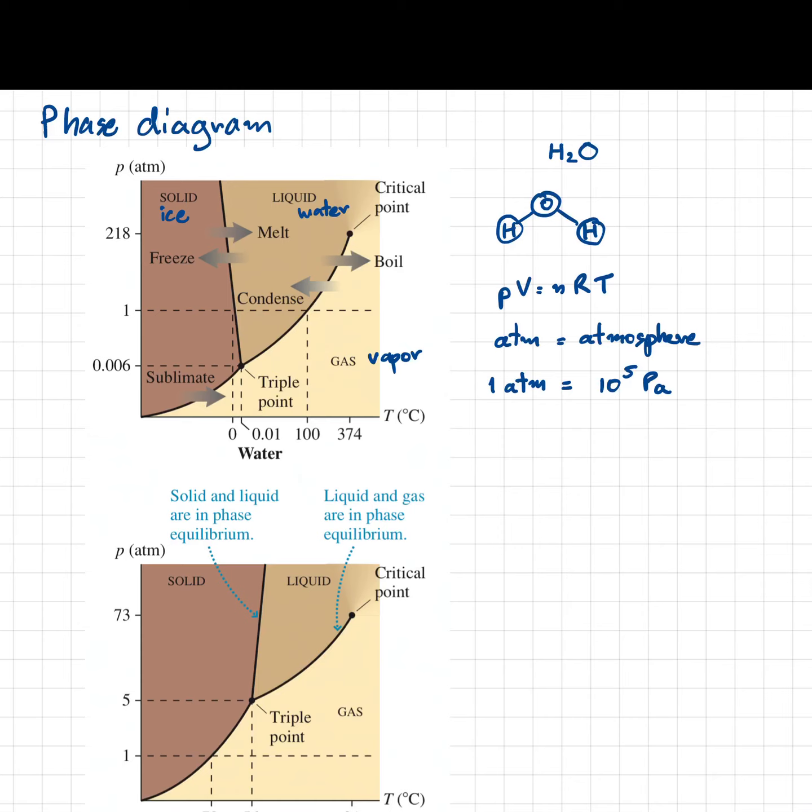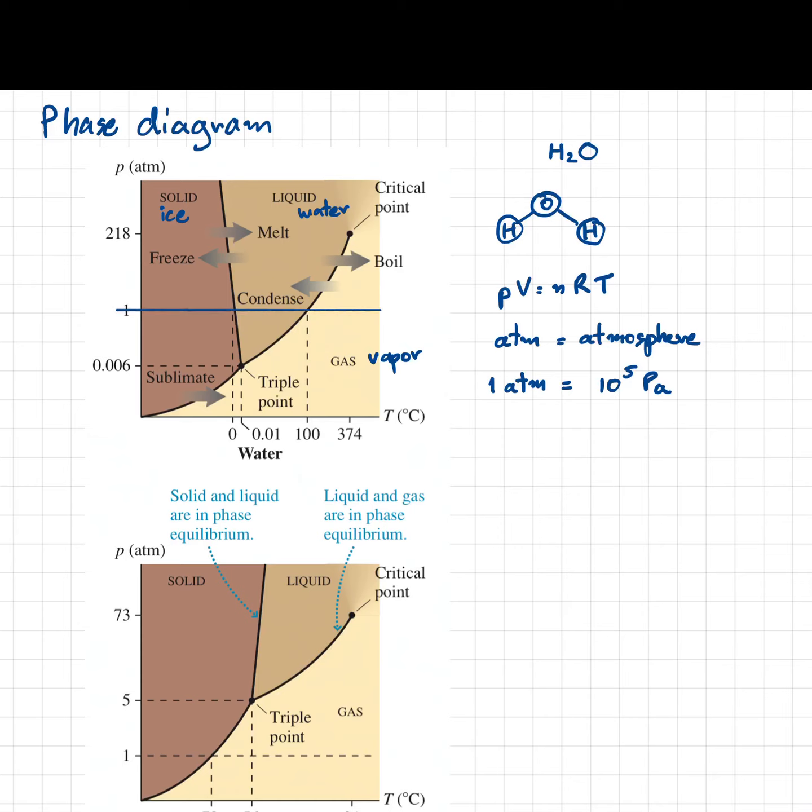So you can see that on this diagram, right, 1 atm is basically the normal condition that you're going to experience. So the line horizontally going through this graph, everywhere on this line, that's 1 atm, right?